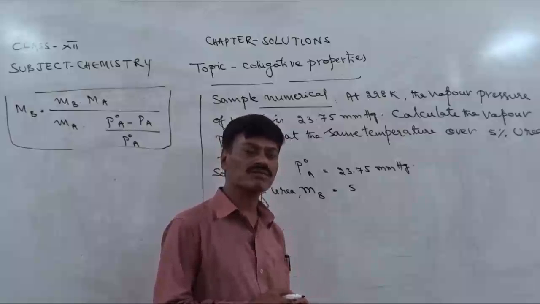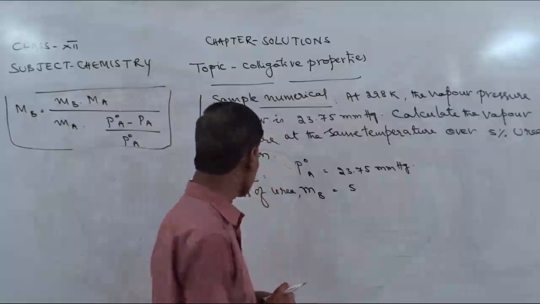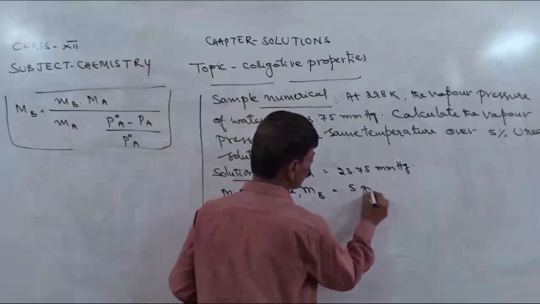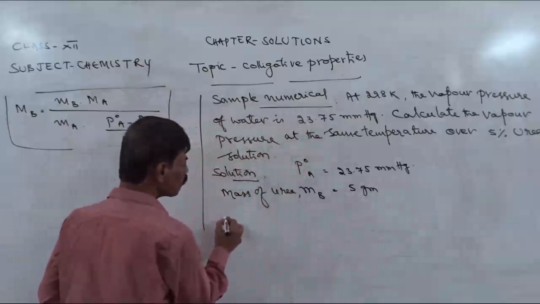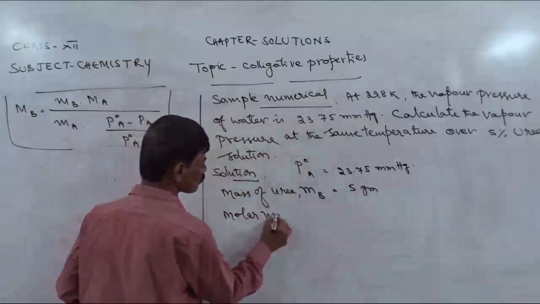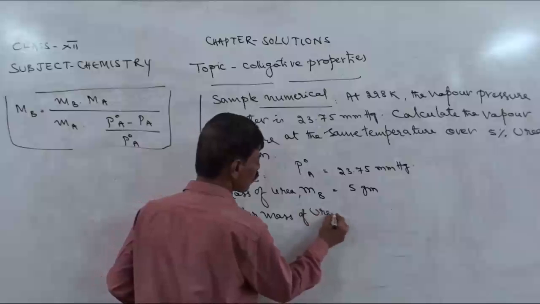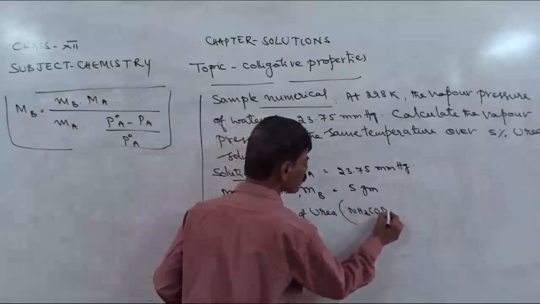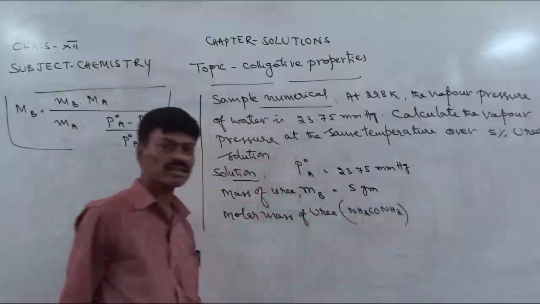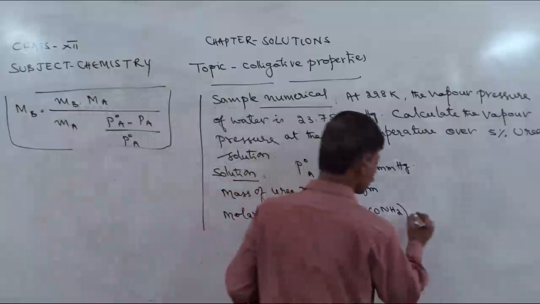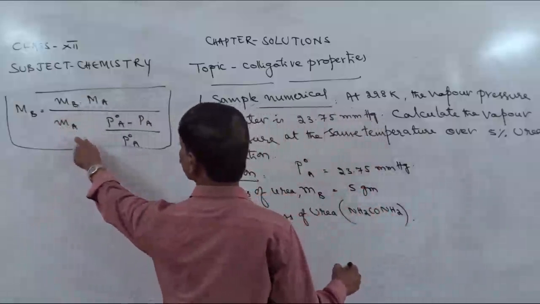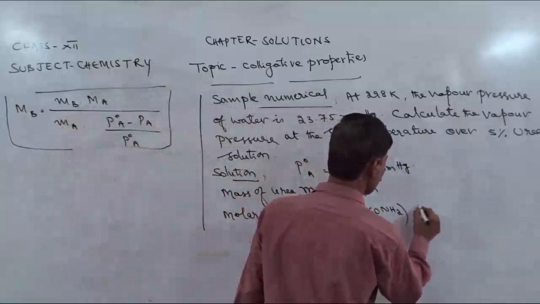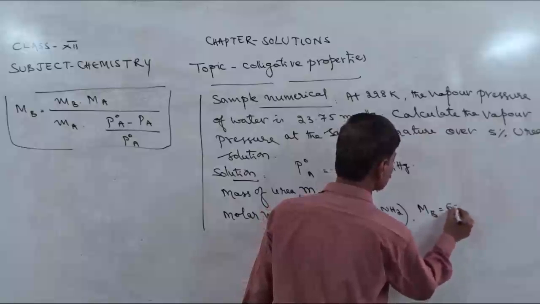Here quantity of water can be expressed in terms of milliliters as well as grams. So mass of urea MB is equal to 5 grams. Next, molar mass of urea. Here urea molecular composition is NH2 CO NH2, or NH2 twice CO. Molar mass of urea, capital MB, is equal to 60 grams.